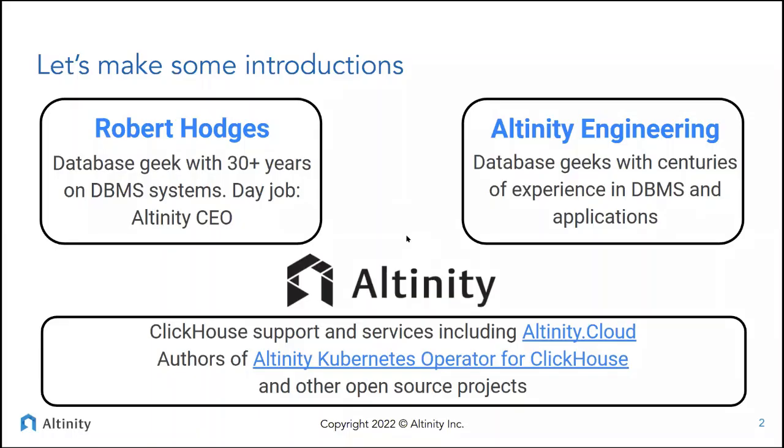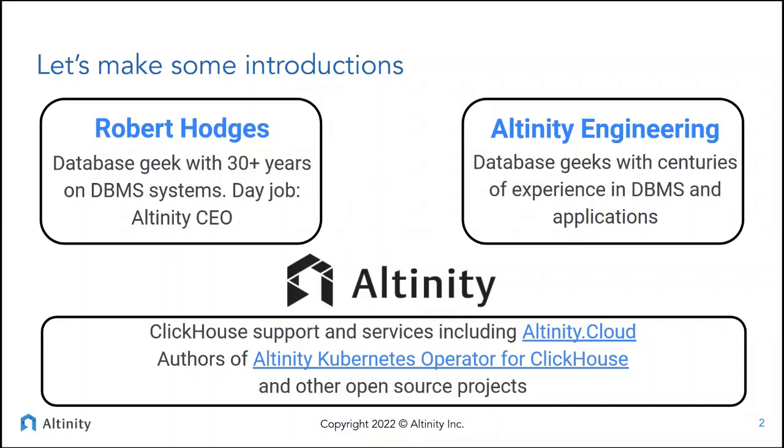So we'll start first with a couple of introductions. Once again, my name is Robert Hodges. I've been working on databases for over 30 years. It's actually 38 this year. I tend to say over 30 because it doesn't make me sound so old. It's been everything from pre-relational databases like M204 all the way to, of course, analytic databases like ClickHouse, which is my current favorite.